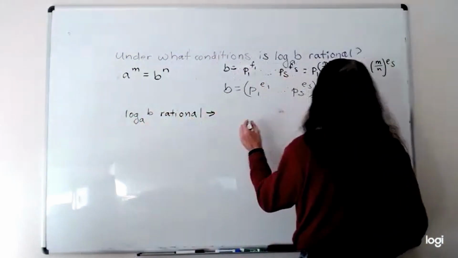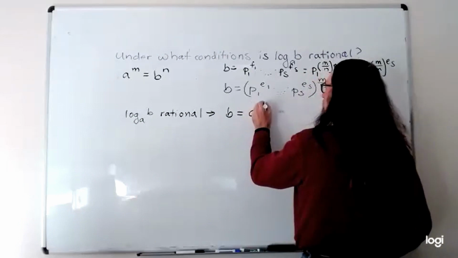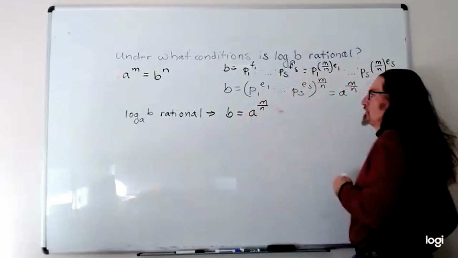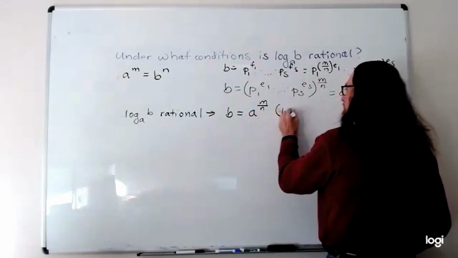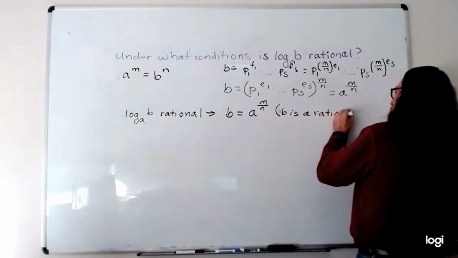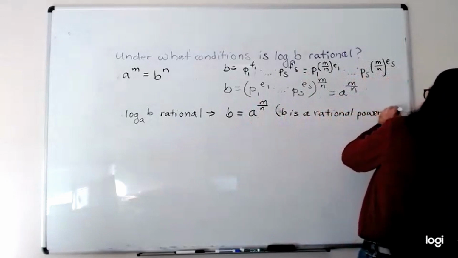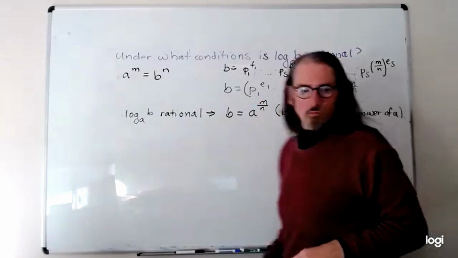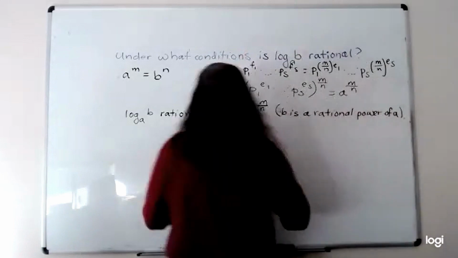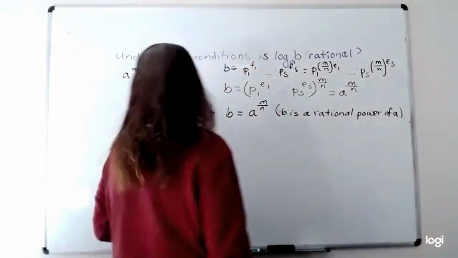Shown that B must equal A to the power of M over N. M over N is some rational number. So this is a necessary condition for log of B base A to be rational.